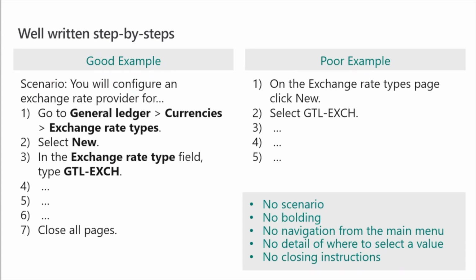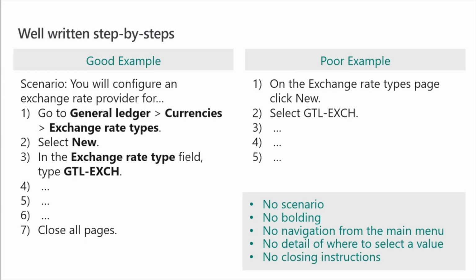General Ledger is the name of the module, Currencies is the name of the folder, Exchange Rate Types is the name of the link or the page that you're going to click on. In step 2, we say select New or click New. You can see it's bolded because that's a UI element they're going to click on. In step 3, we can see in the Exchange Rate Type field, so that's the field they're going to be clicking in, type some sort of value.